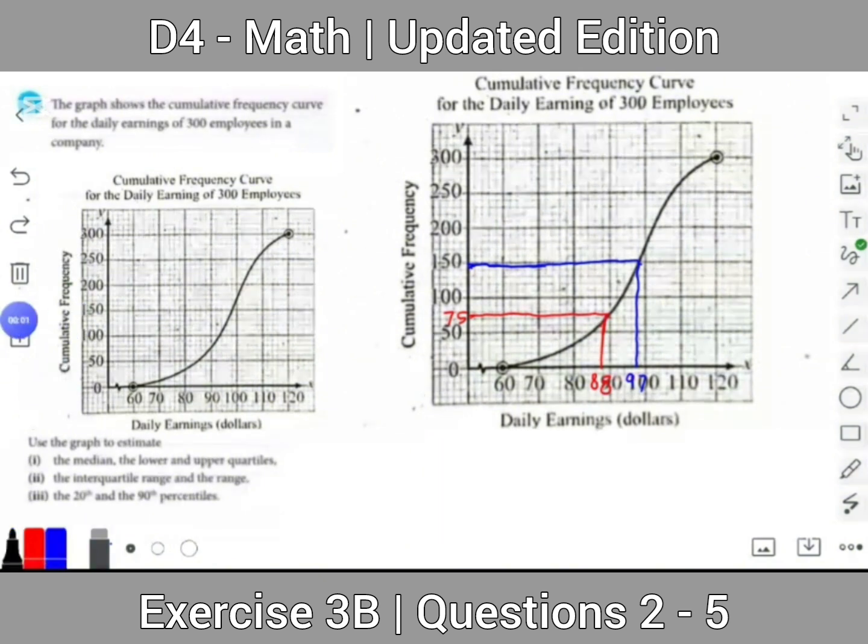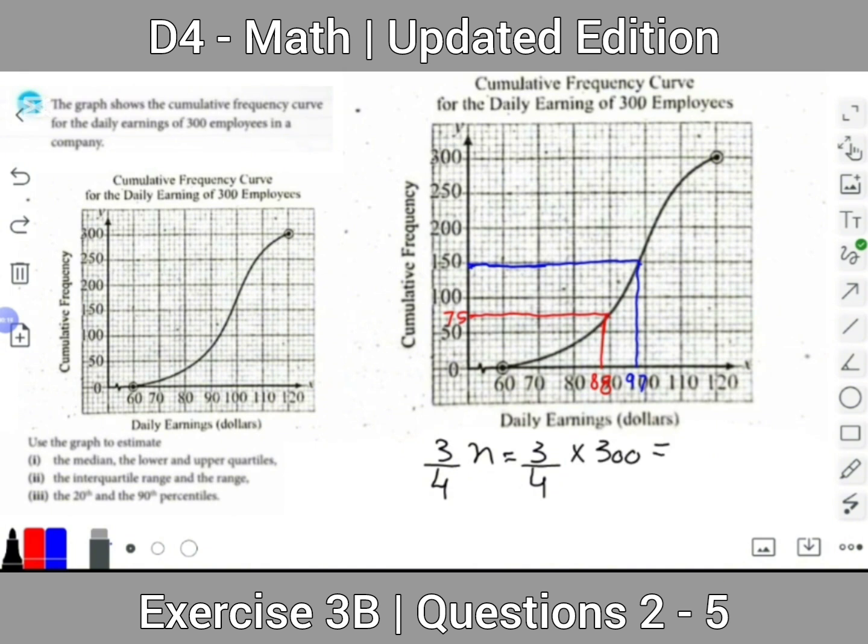Now to estimate the upper quartile from the cumulative frequency curve, we find the position of the upper quartile by using 3 over 4 multiplied by n, and it will be equal to 3 over 4 multiplied by 300, and it will be equal to 900 divided by 4, and it will give this value 225.